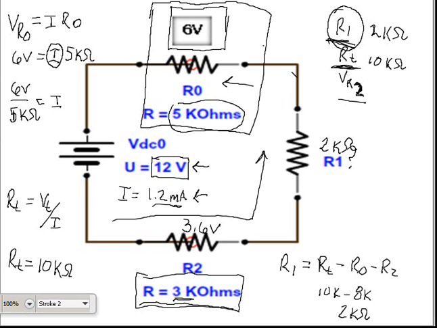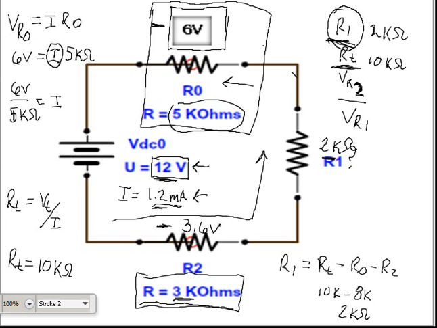Now if I wanted the voltage drop at R2, or pardon me, R1, I could either multiply current times resistance, or I could take total voltage and subtract the voltage drop at R2 and the voltage drop at R0.